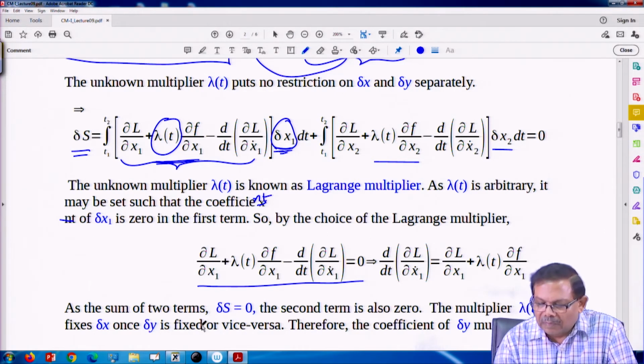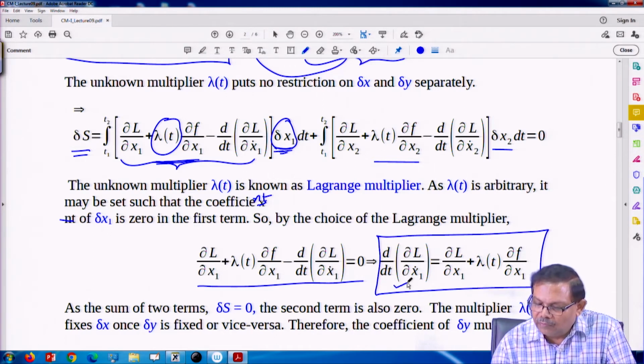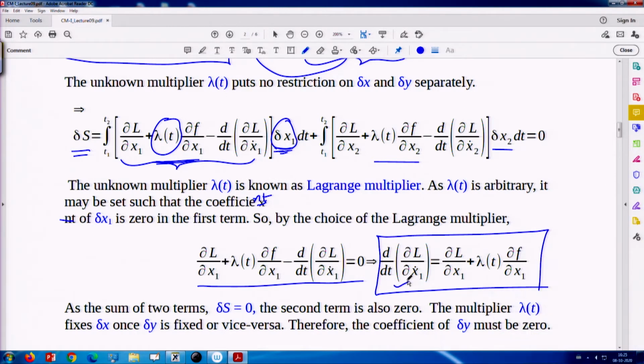So, now let us look at the equation of motion. In the standard equation we used to have this term d dt of the partial derivative of the Lagrangian with respect to velocity x 1 dot, and that is actually momentum.